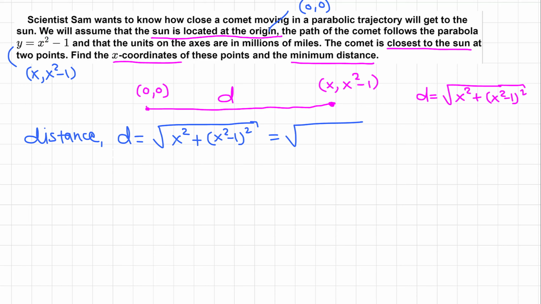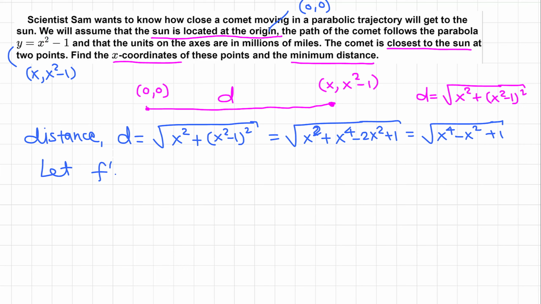This is in fact x squared plus x squared minus 1 quantity squared, which means we multiply x squared minus 1 by itself. Just FOIL, multiply. You're going to get x fourth minus 2x squared plus 1. And that is now x fourth minus 2x squared plus x squared plus 1, which is x fourth minus x squared plus 1. We want to minimize this.